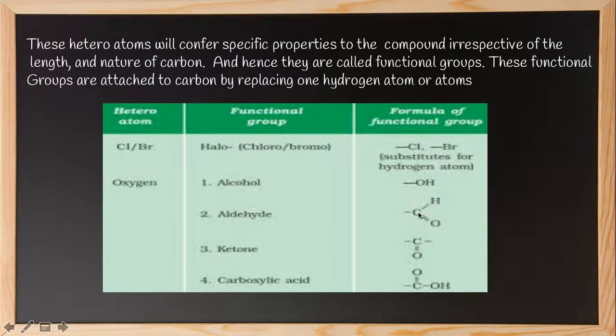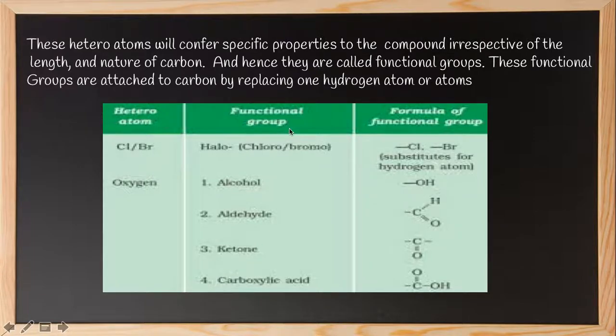If C, single bond H and double bond O are attached to a carbon group, then it is said to be a functional group named aldehyde. And when a carbon which is attached to a double bond oxygen is attached to a carbon, then it is called ketone. And when a carbon with double bond oxygen and single bond OH are attached to carbon by replacing hydrogen, then we call it a carboxylic acid.